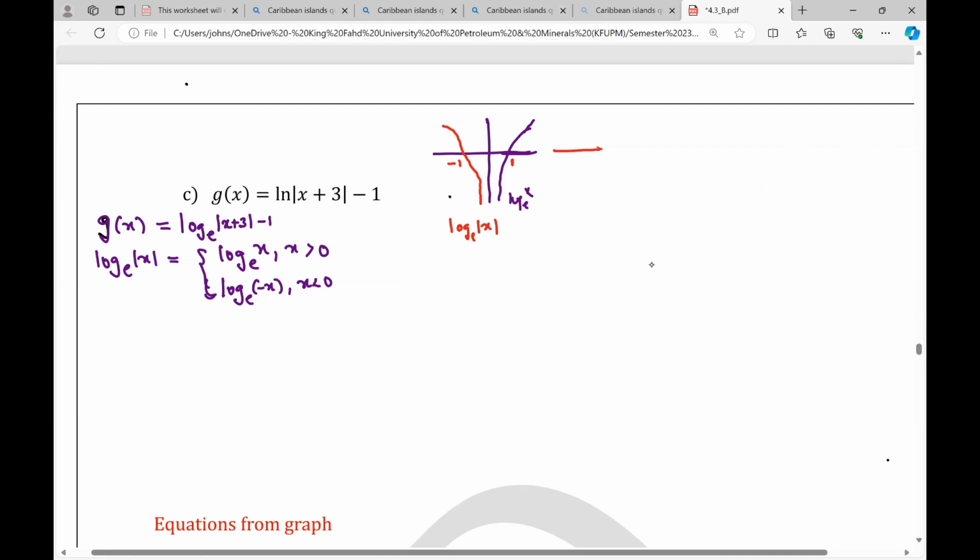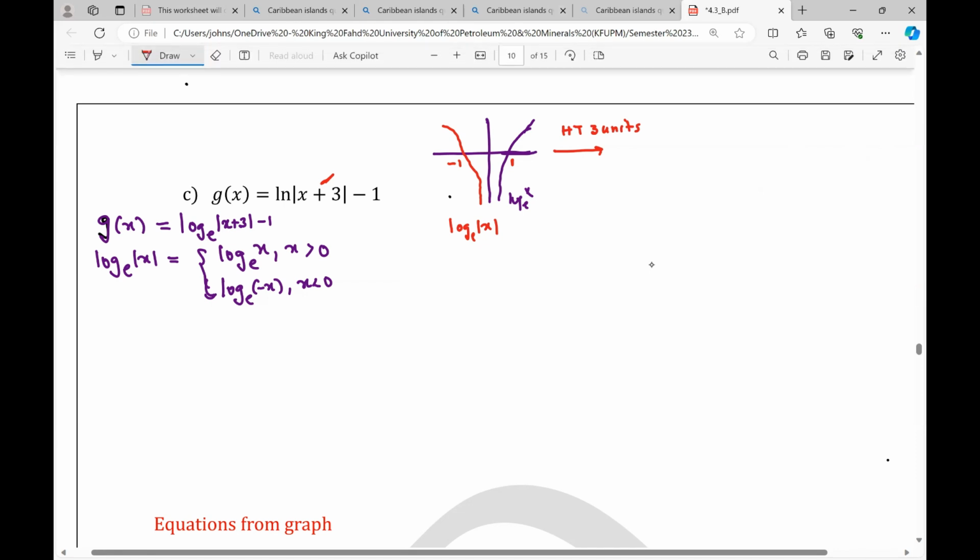Then now we have to shift everything because of this plus 3 here. So it means we are shifting horizontally 3 units left, right?